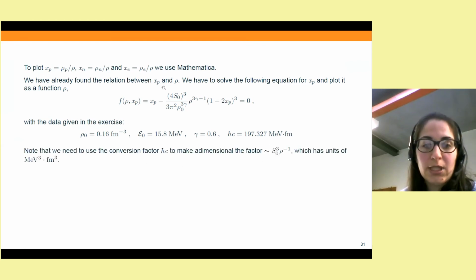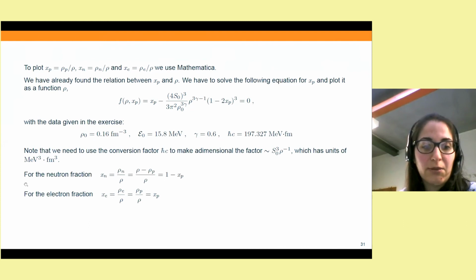Because the proton fraction is dimensionless, but this term here has units of S0, which is MeV^3 divided by density, this -1 here. So we have units of MeV^3 times fm^3. We need to divide by (ħc)^3 to get a dimensionless term. Okay, and we will get the right units of everything.